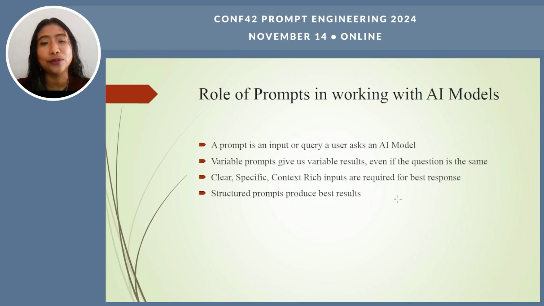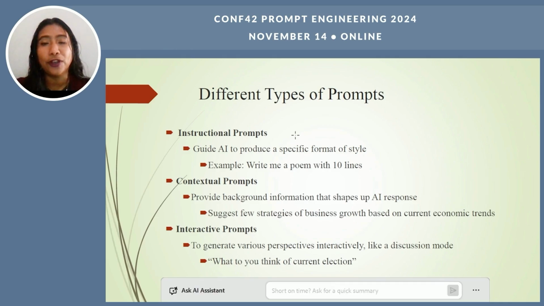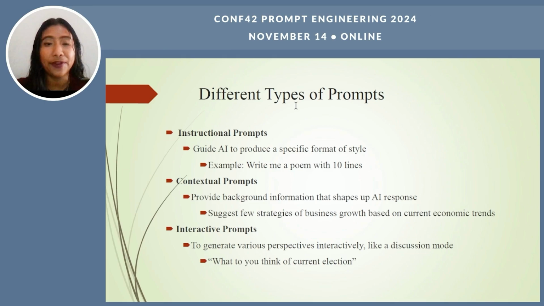Now, how do we structure a prompt to get the best result from an AI model? For that, we should know the different types of prompts. There are instructional prompts, with which we can request the AI to produce a specific format or style.